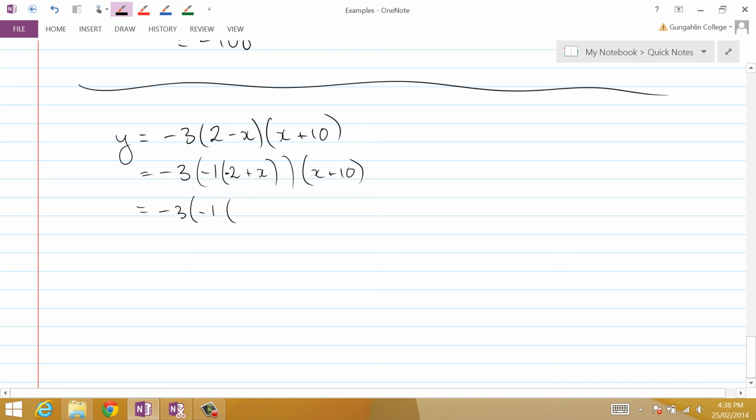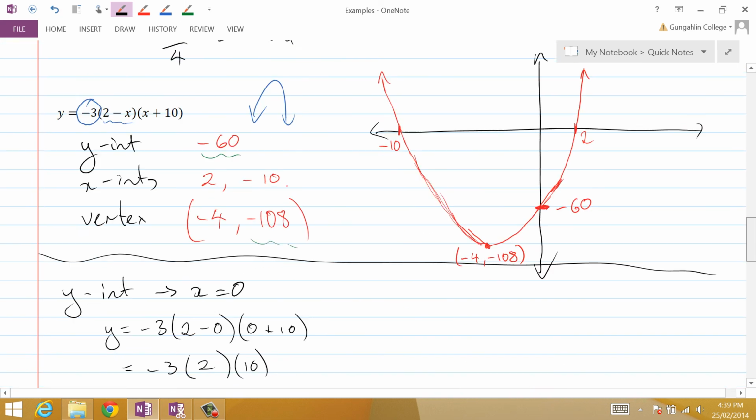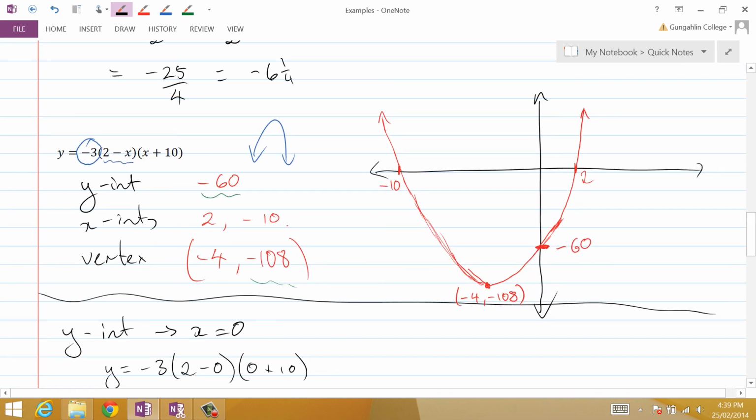Now that minus 2 plus x I can swap around the other way, like this, and I can bring that minus 1 out the front. Minus 3 times minus 1 would be positive 3. So this is in fact the same equation, but written without those x's round the other way, and it means that now we've got a positive number in front, and so that is why this parabola looks concave up rather than concave down like you might expect.